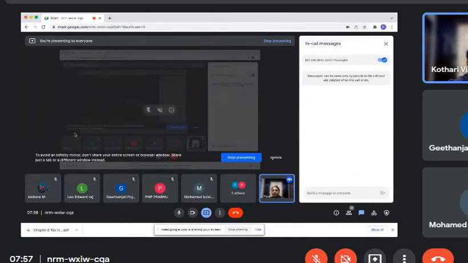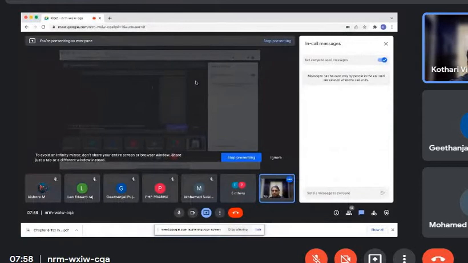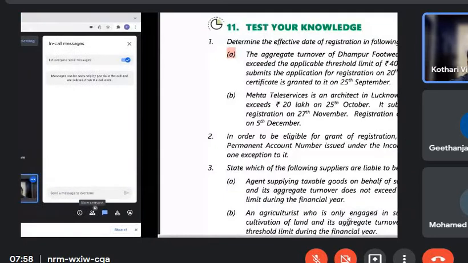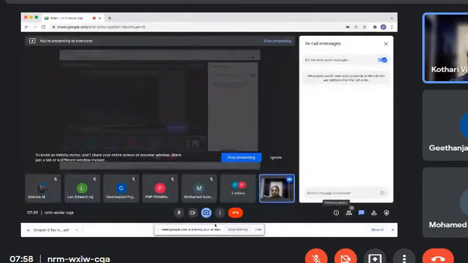What happened? No reply. Within how many days does a person have to get registered? Apply for registration. Then what is the effective date of registration? Check and give the answer for question A. What happened? No reply.